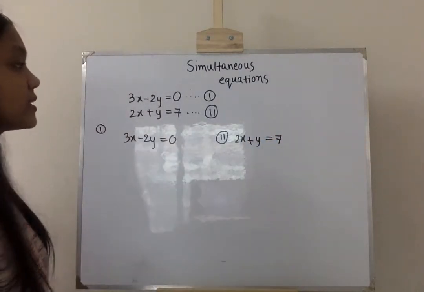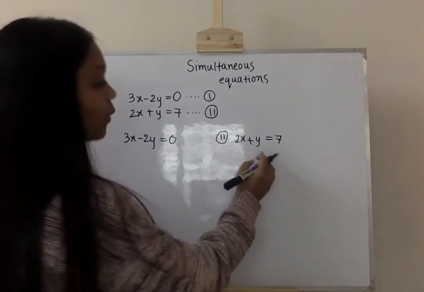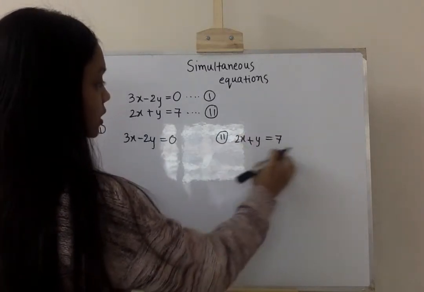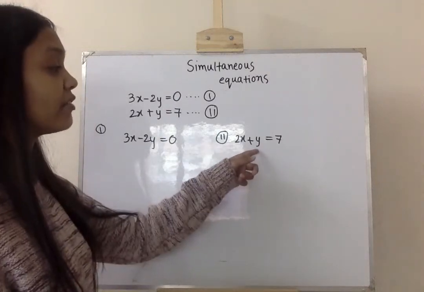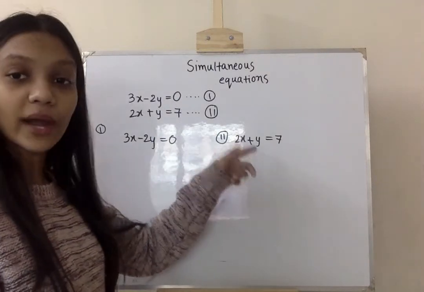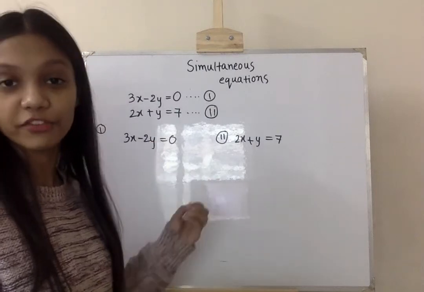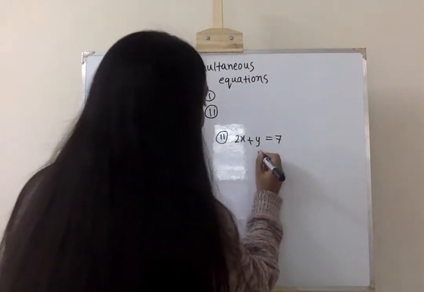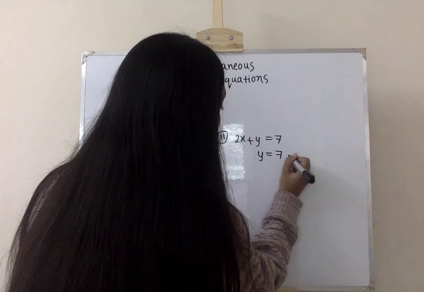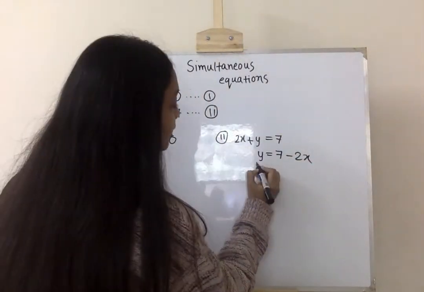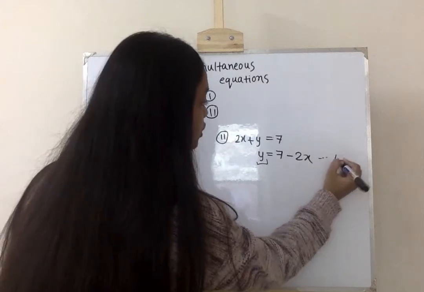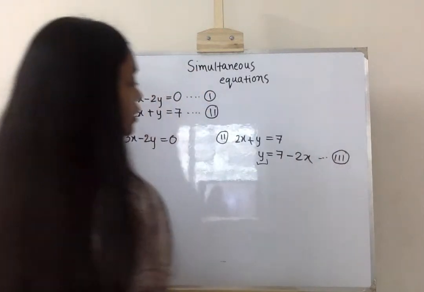In this case, it is easier for us to make y the subject of this equation. Why is that? It is because y does not have any number in front of it. y does not have any coefficient. So we can take y is equal to 7 minus 2x. So very easily, we have made y the subject of this equation, which is our third equation.